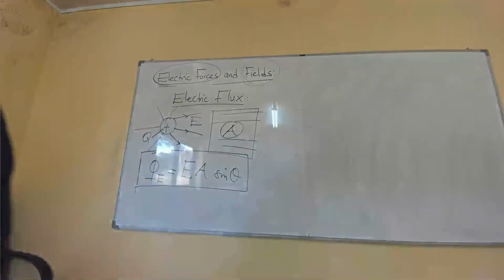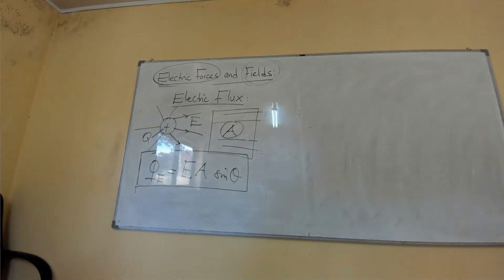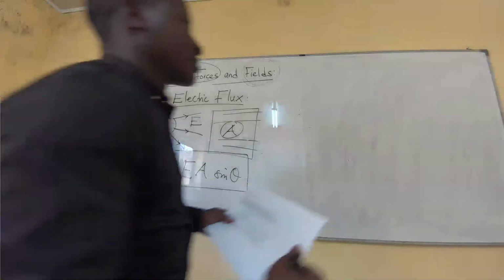This is the Gaussian law. We are just going to state it and write it mathematically, and then we'll just look at one example that will end our lesson.